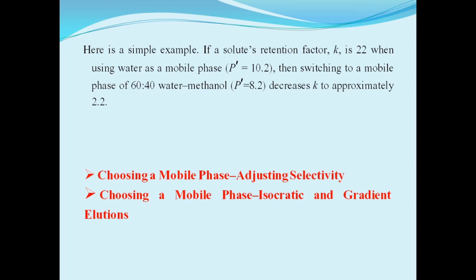To effect a better separation between two solutes, we must improve the selectivity factor alpha. There are two commonly used approaches for increasing selectivity factor: add a reagent to the mobile phase that reacts with the solute in a secondary equilibrium reaction, or try a different mobile phase.